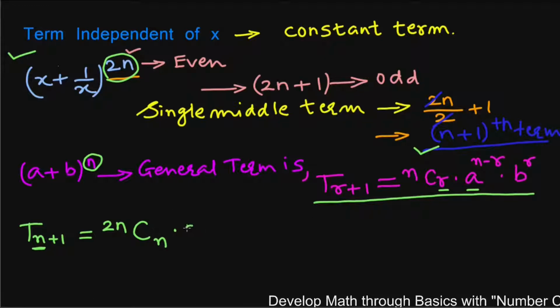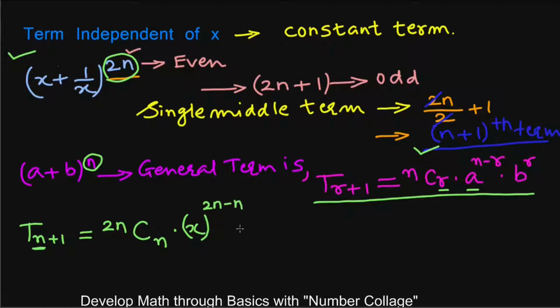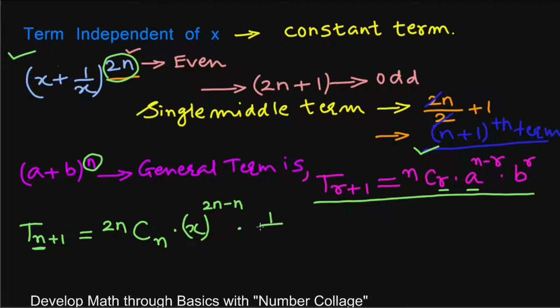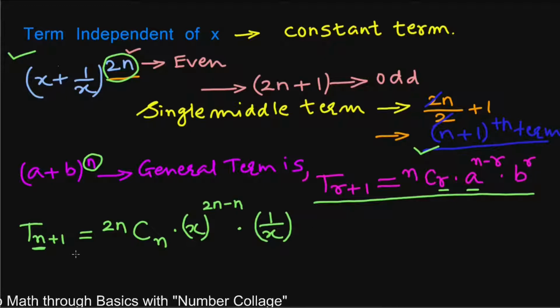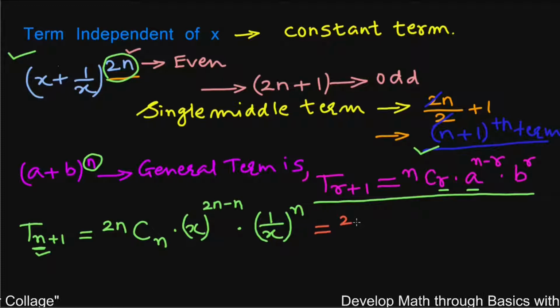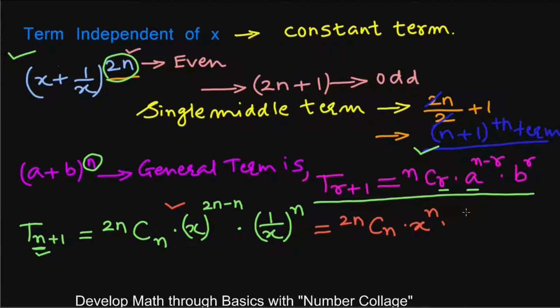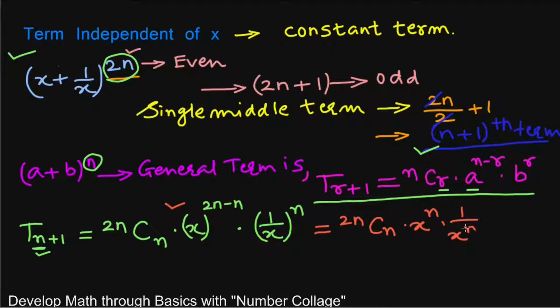Here it will be x raised to 2n minus n multiplied by 1 upon x raised to r, which will be n here. So it will be 2n c n, x raised to n multiplied by 1 upon x raised to n.